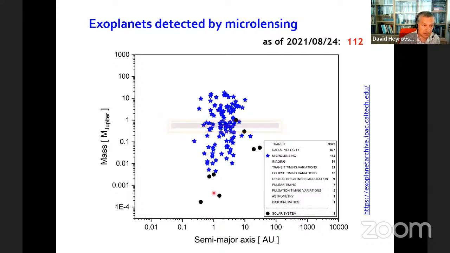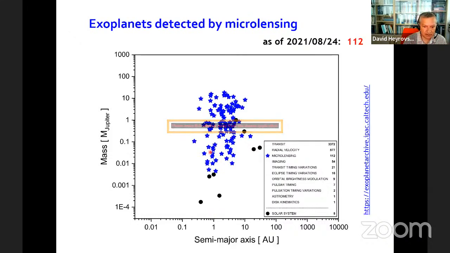The black dots are our solar system planets. So this is the Earth, and this is Jupiter. You can see that microlensing is primarily sensitive to planets which are a few astronomical units from their host star. So unlike other methods, it's not sensitive to those which are very close in or very far out, but it's really in the regime where you would expect planets in a solar system-like system.